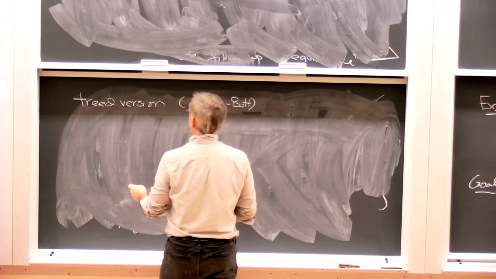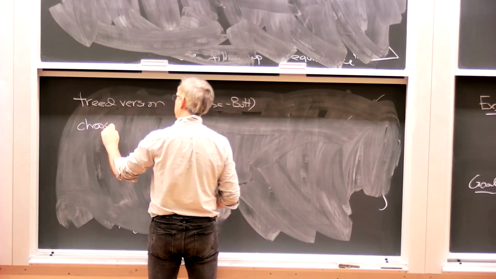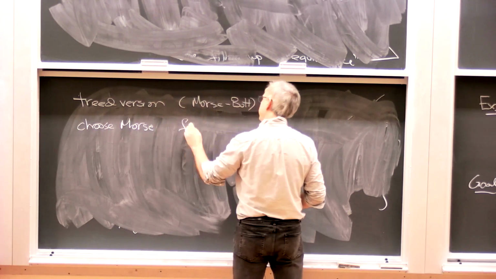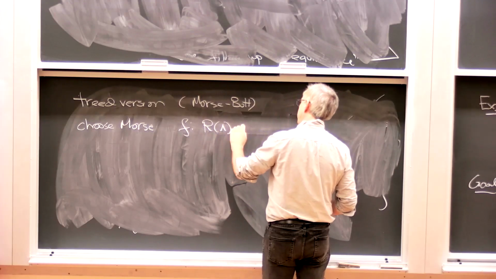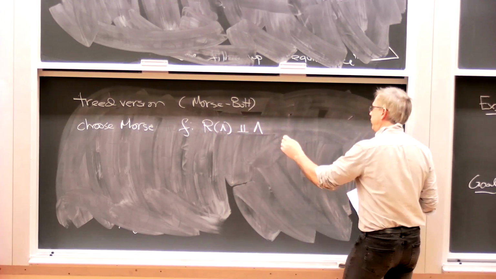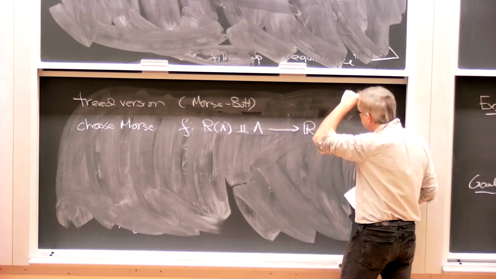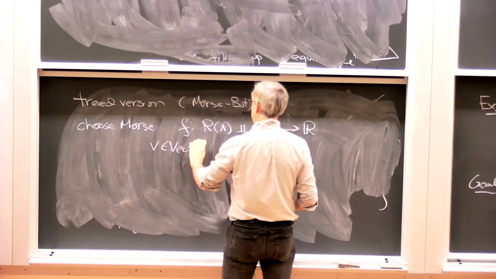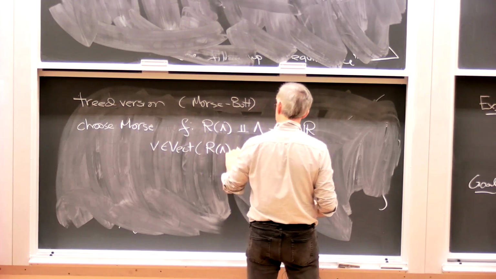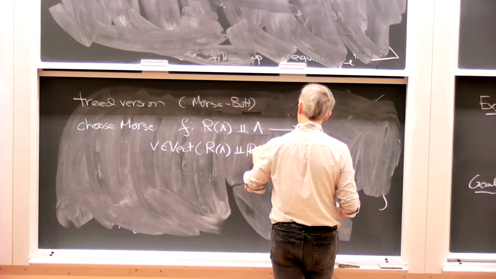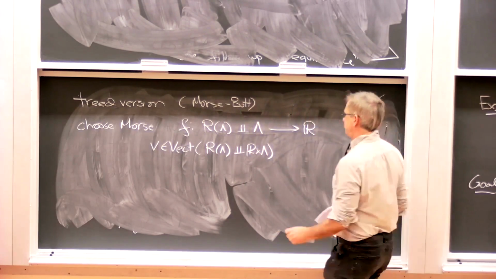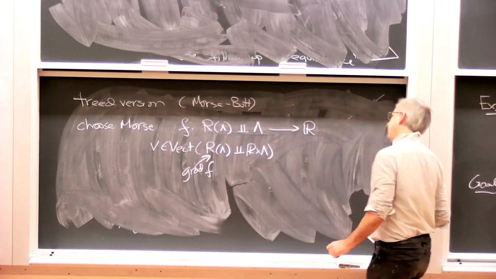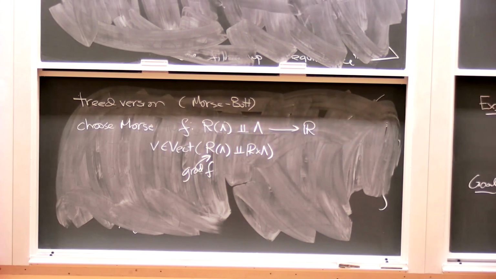So we choose a Morse function from the space of Reeb chords disjoint union the Legendrian to R. And then we get a vector field, which is the gradient vector field with respect to some metric on the first factor.